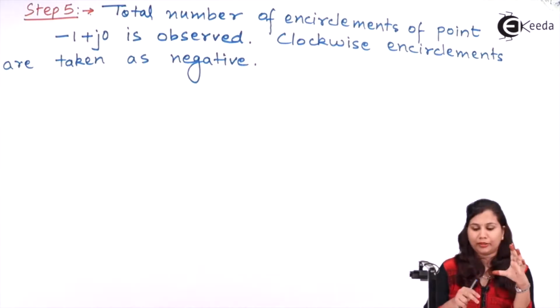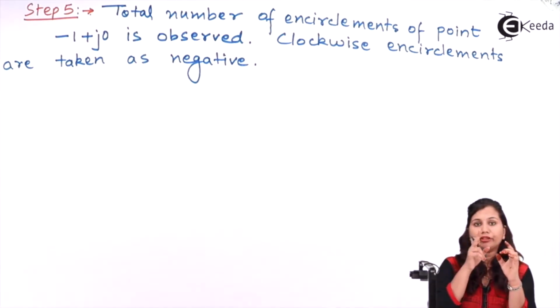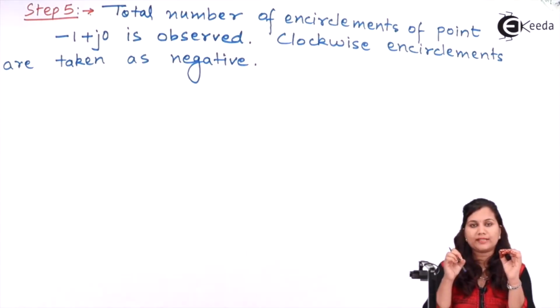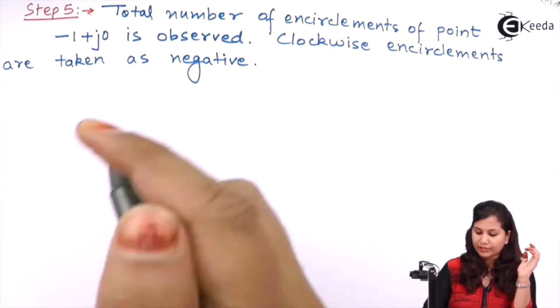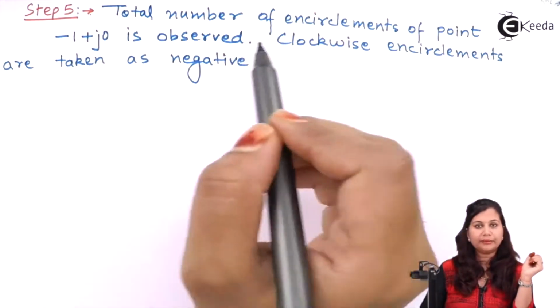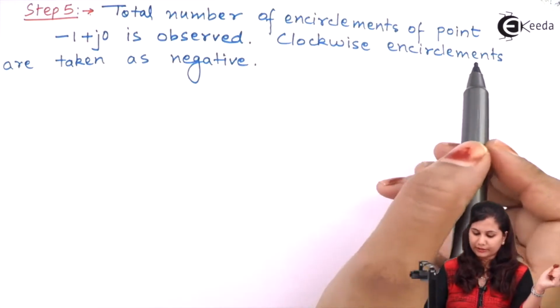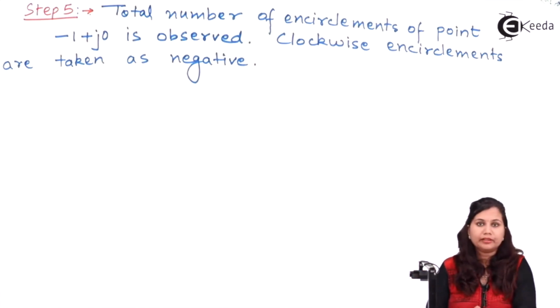Our step number 3 is to draw the polar plot. Now if this point -1 plus j0 is lying inside the polar plot, then the number of encirclements of this point is calculated, and if the encirclement is in the clockwise direction, then it is taken as negative. So it is our step number 5.